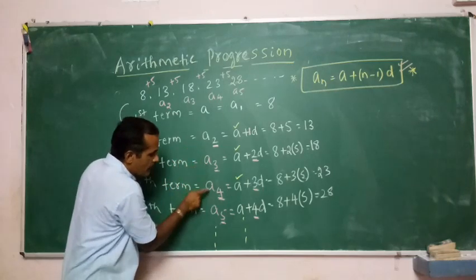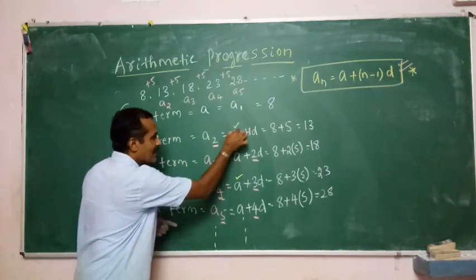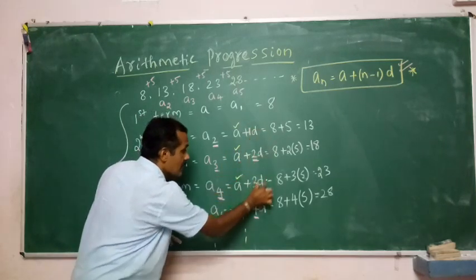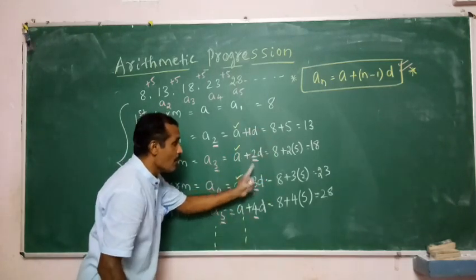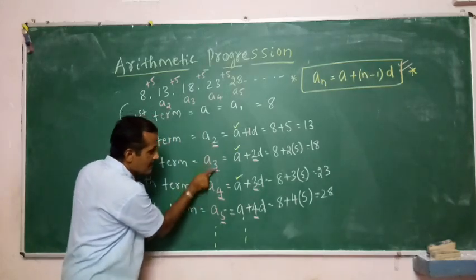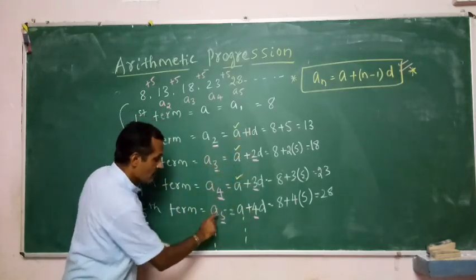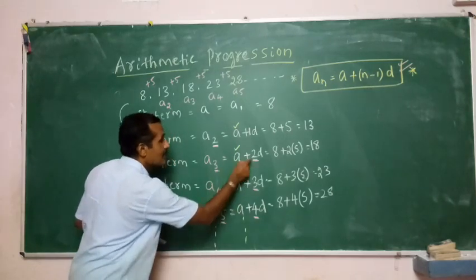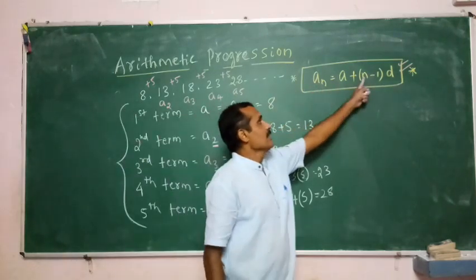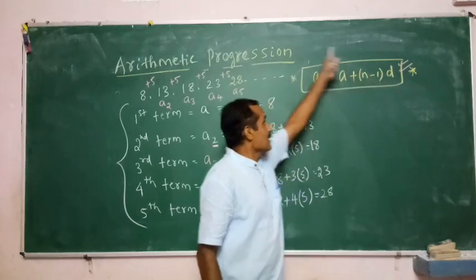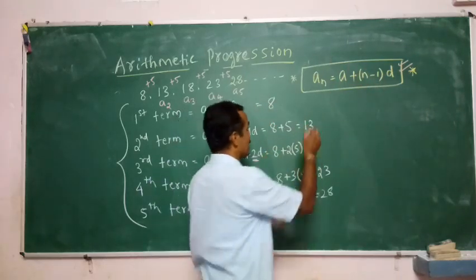A2, A3, A4, A5 go on increasing, whereas A is fixed. D is fixed, but this number goes on changing. As this number increases, this number also increases, but one less, one less, one less, one less. If it is n, here it should be n minus 1. A is common, D is common. This is the new formula to find.